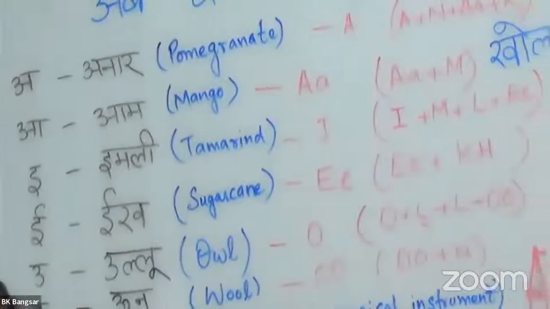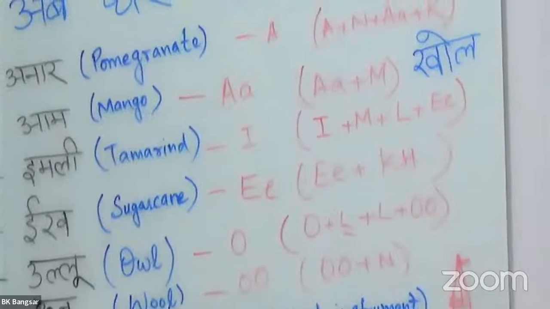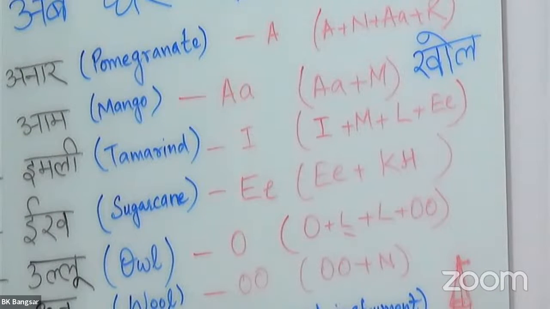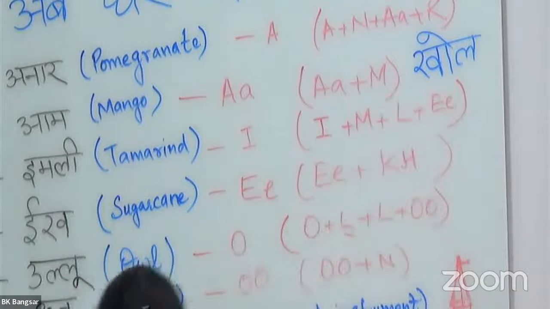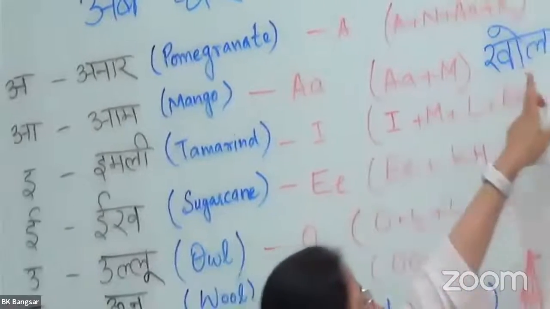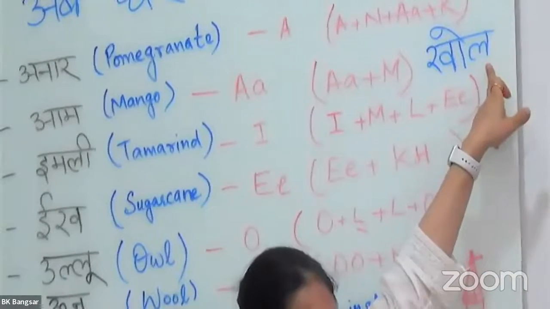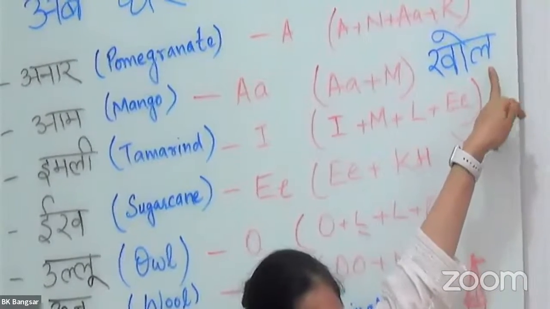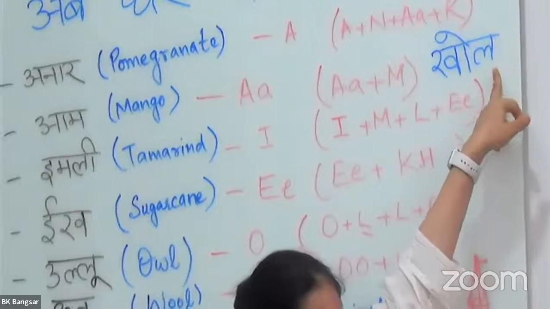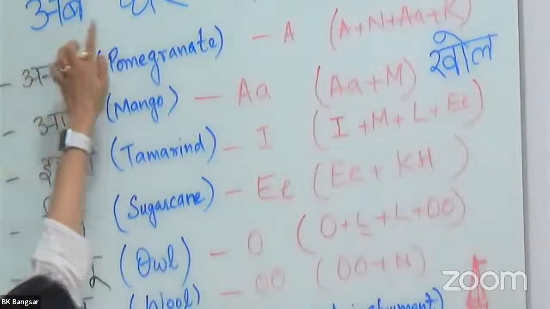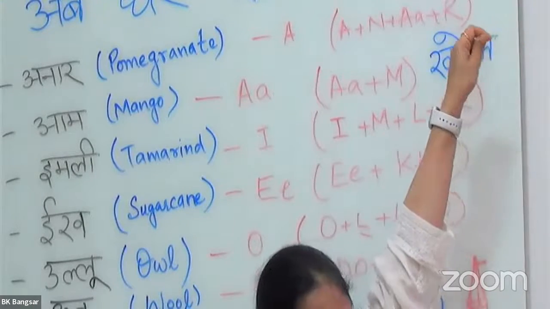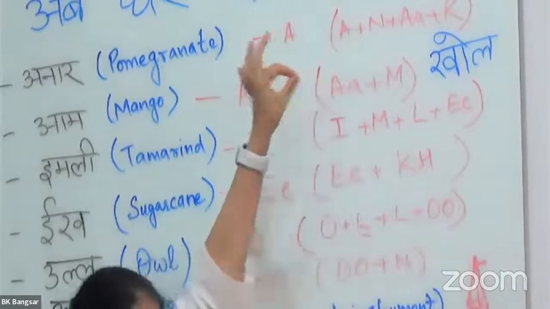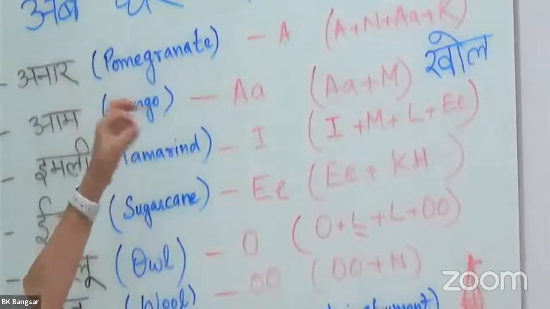K. Absolutely. The first one is K. The second one? K. So this is K. This is O. This is L. So, ab ghar chal kar nal khol. Ab ghar chal kar nal khol.